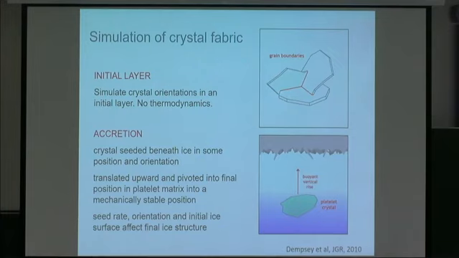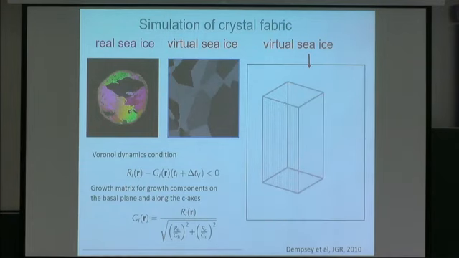So these crystals, well, it says it's a buoyant rise. In reality, in the model, they just get there. And then they find a mechanical equilibrium. So this is just a purely mechanical model that just allows crystals to come in. So here's the sort of space there is.